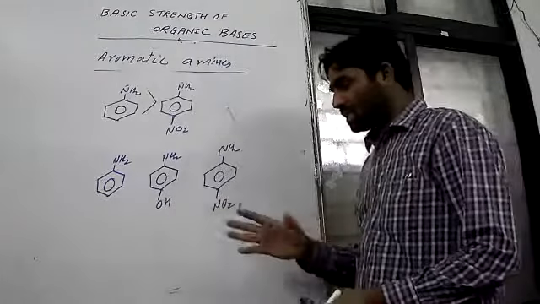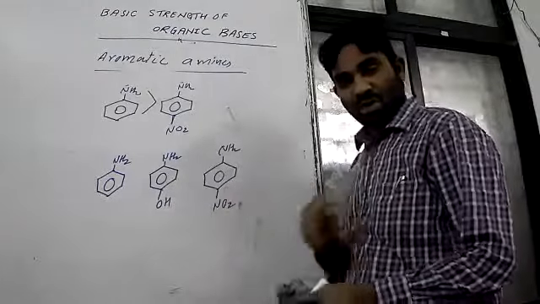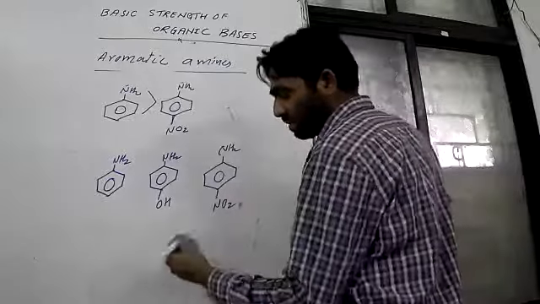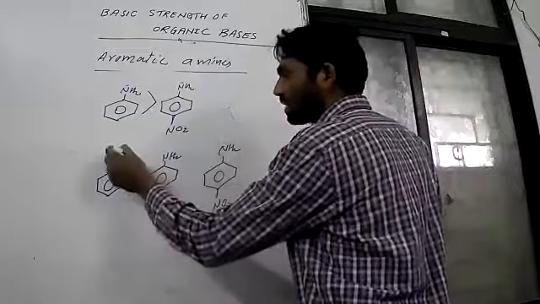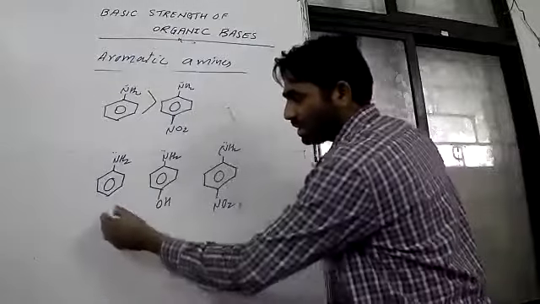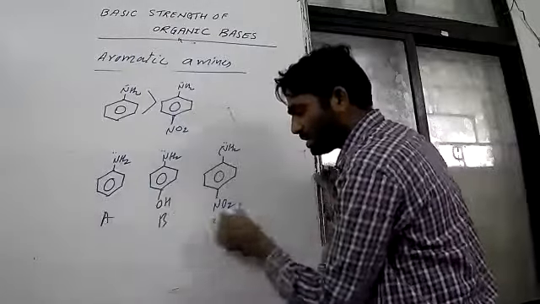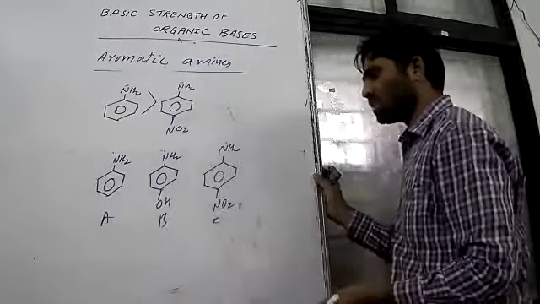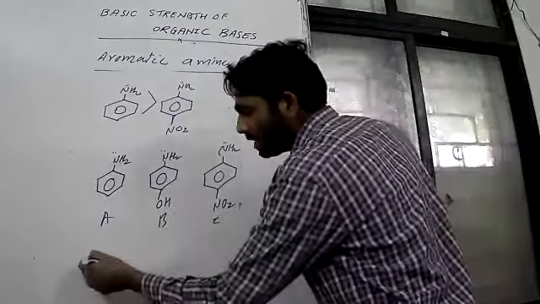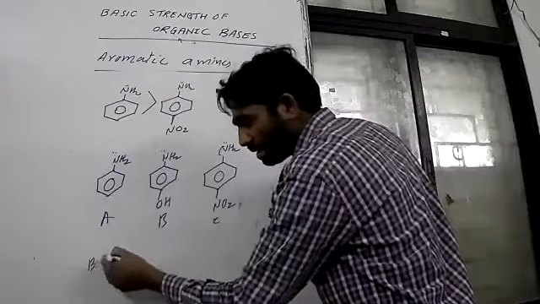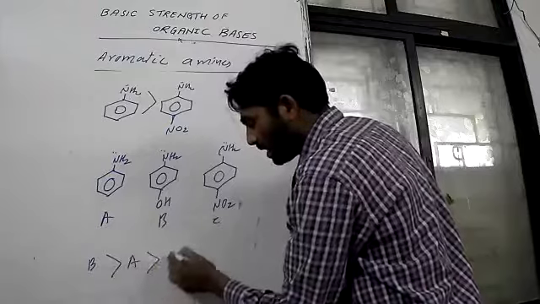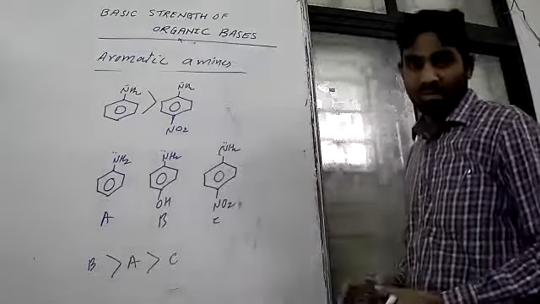If you arrange these three compounds by basic strength and label them A, B, C, B is the most basic, then A, then C. C is the least basic compound.